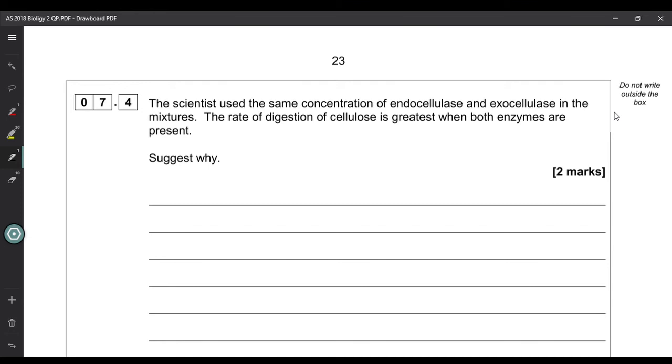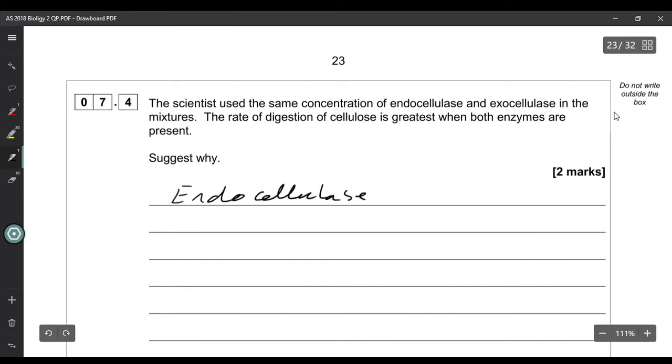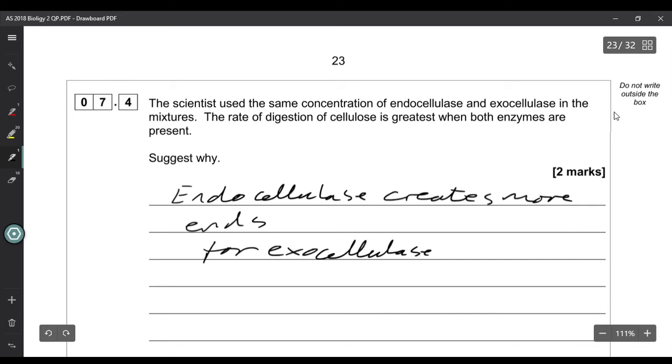So we can put that by saying that the endocellulase creates more ends for the extracellulase to digest.